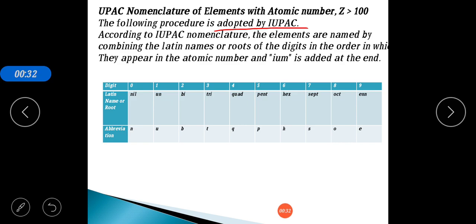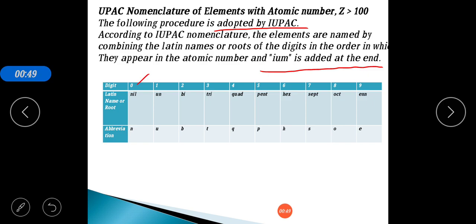According to IUPAC nomenclature, the elements are named by combining the Latin names or roots of the digits in the order in which they appear in the atomic number, and -ium is added at the end.